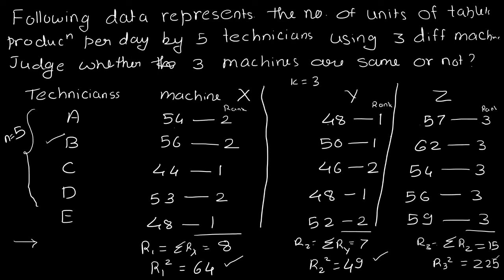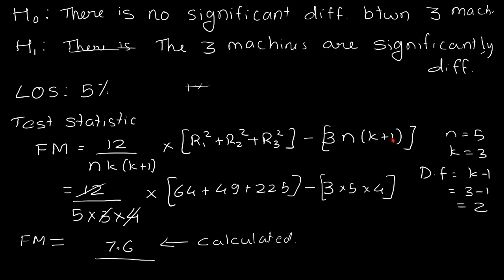Once the ranks have been allotted, the next step is setting up the null hypothesis that there is no significant difference between the samples. Then setting up the alternate hypothesis that there is a significant difference. Then setting up the level of significance, and then the test statistic.